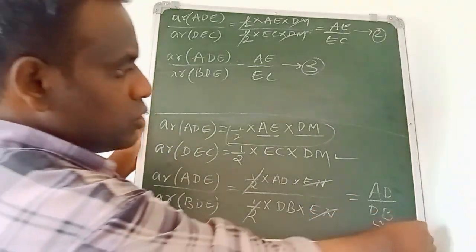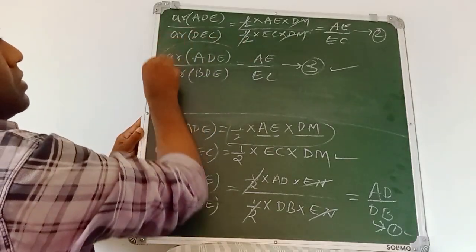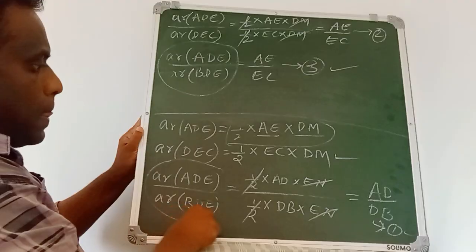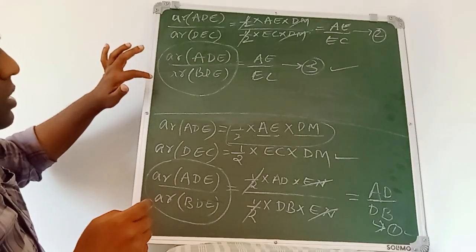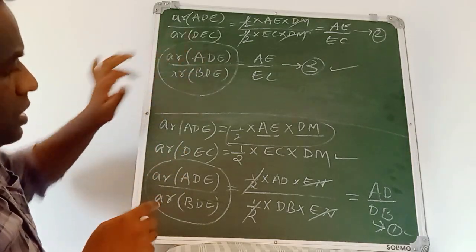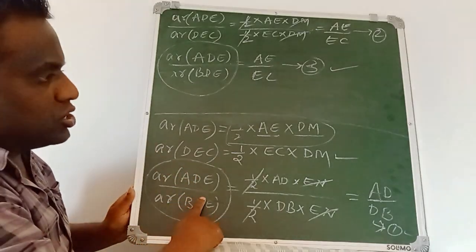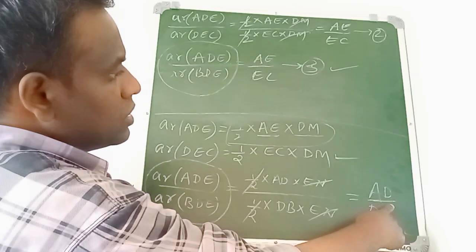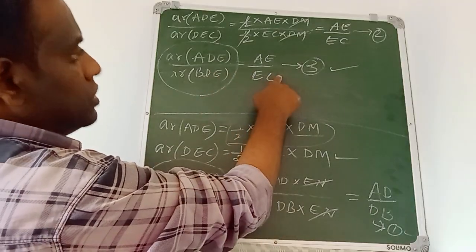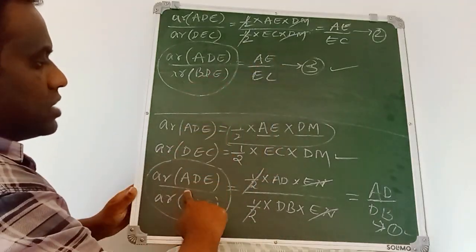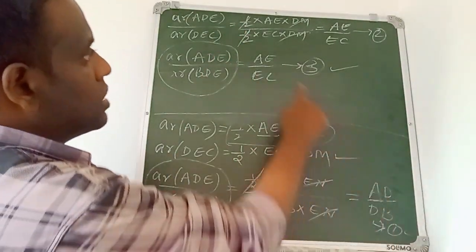Now consider equations 1 and 3. See these left sides: area of ADE here, also area of ADE there; area of BDE here, also area of BDE there. They are the same. When the left sides are equal, the right sides should definitely be equal.